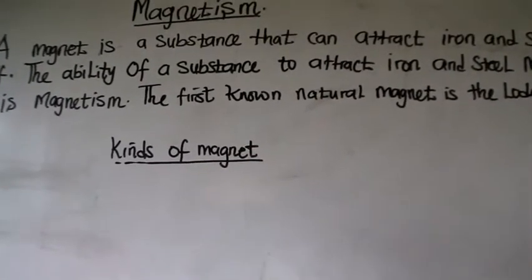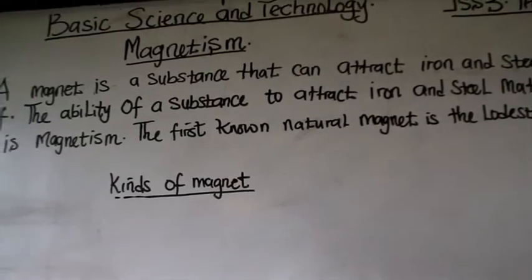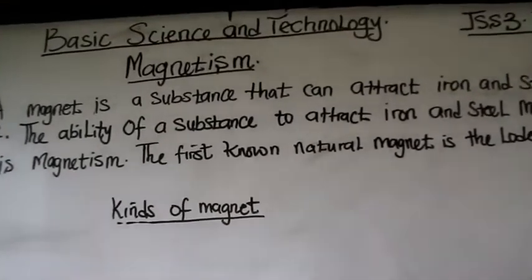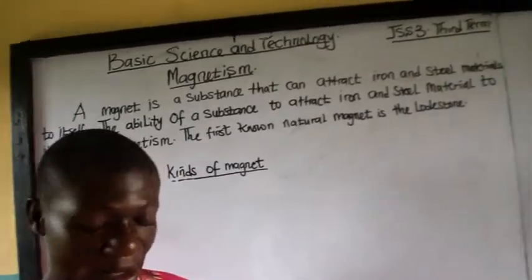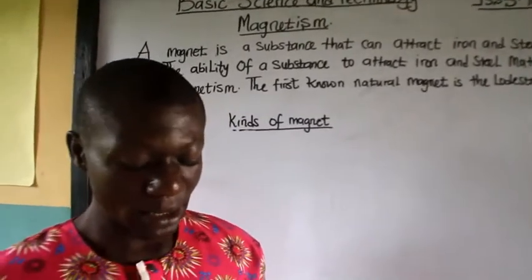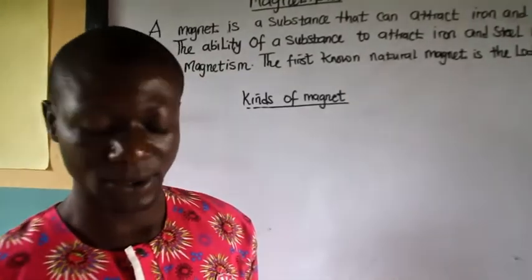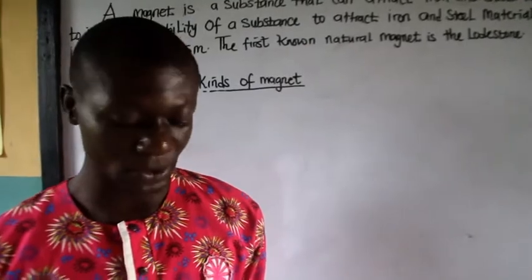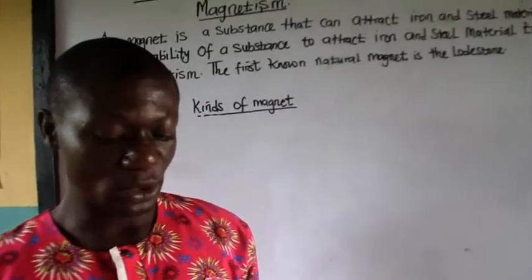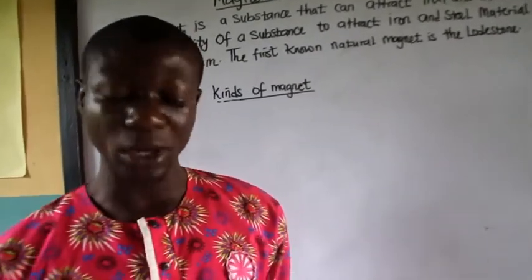Back then, 4,000 years ago, a Cretan shepherd named Magnus discovered that the soles of his sandals, which were held together with iron nails, sometimes stuck to the rocky ground.